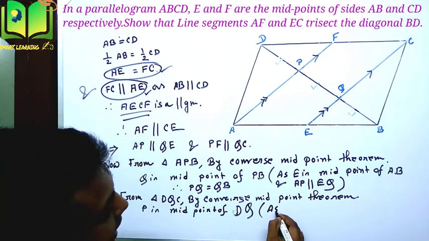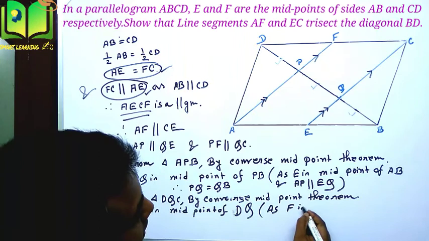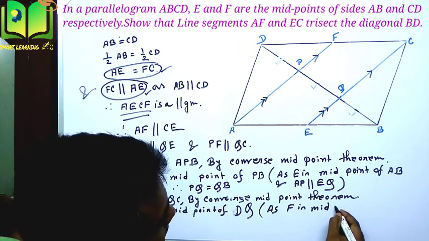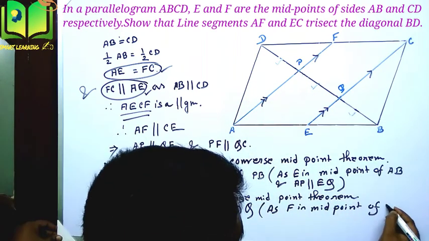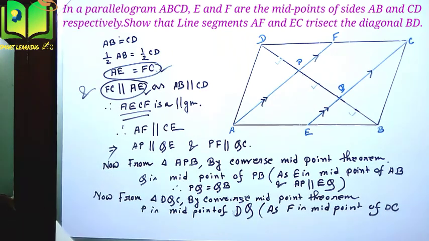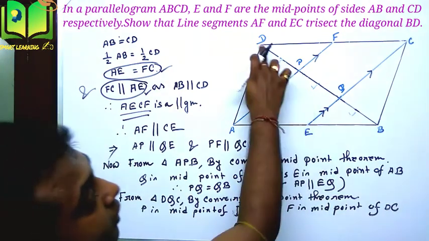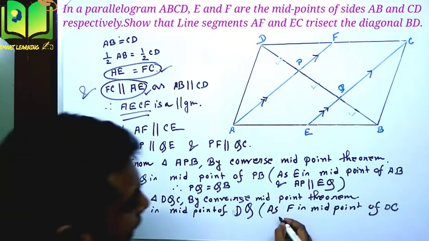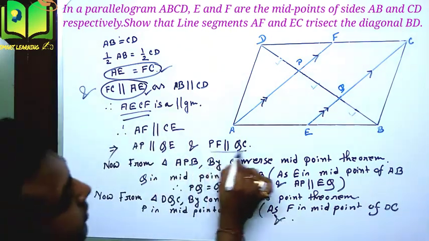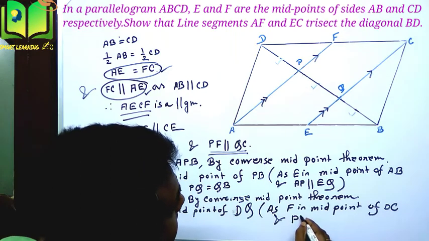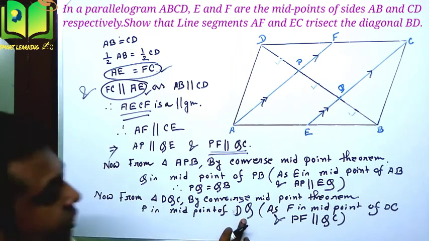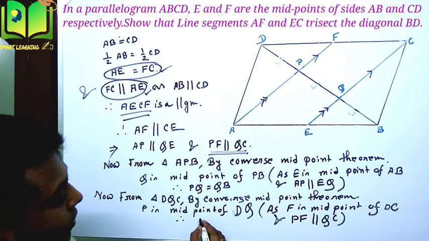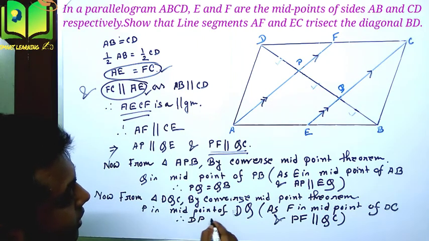Why? As F is the midpoint of DC, and we already have PF parallel to QC. So write PF parallel to QC. This is the reason why P is the midpoint of DQ. Therefore we can write DP equals PQ.